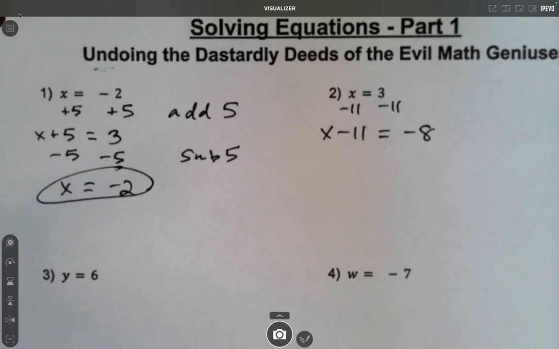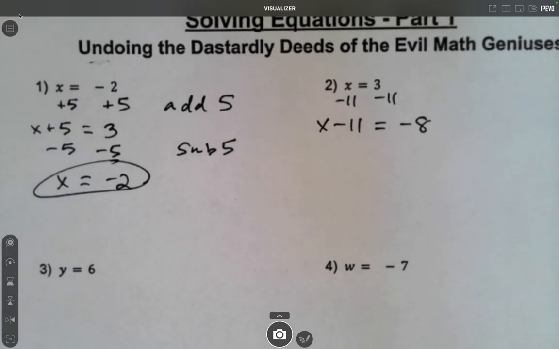Now this is often true even with things that aren't math. The way to solve a problem is to undo what created the problem. If people don't clean up the dishes off their lunch table, that's a problem. And the way you fix that problem is you force them to clean up the dishes from their lunch table. So you go from not cleaning up to cleaning up, and it fixes the problem.